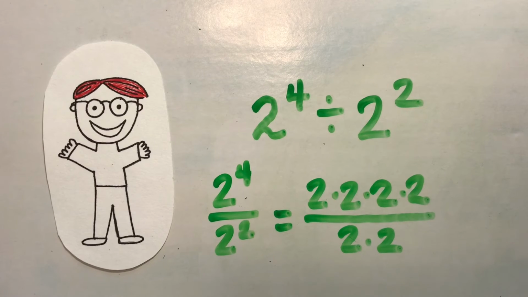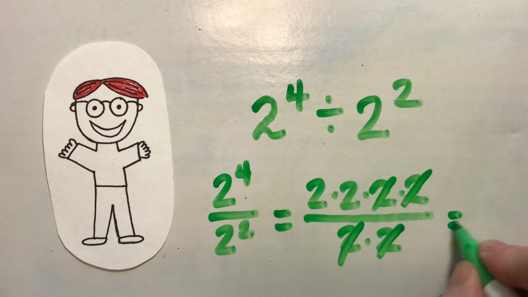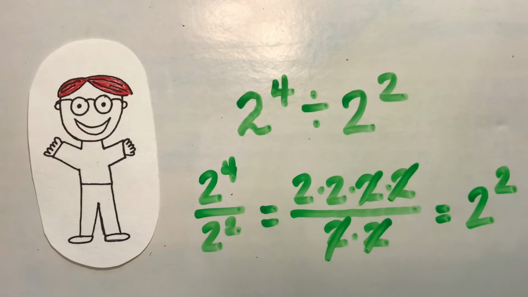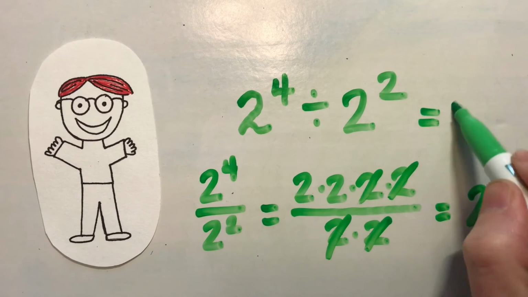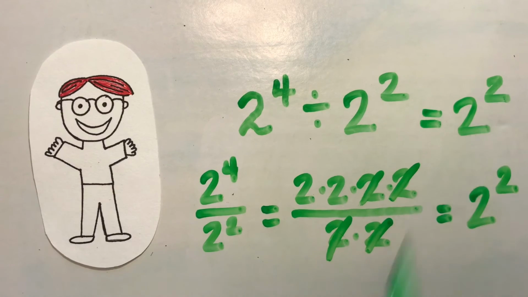Now 2 divided by 2 is just 1, so we can cancel anything out that's the same on the top and bottom. And when we rewrite our answer, we end up with 2 2's left on top, so that's 2 to the 2. And notice that if we're dividing and we have the same base, we could subtract our exponents, and that's an easy way to get to our answer.